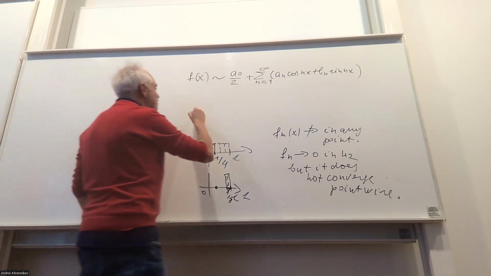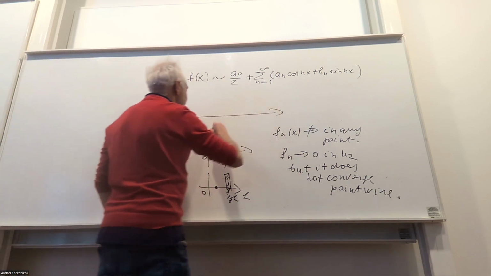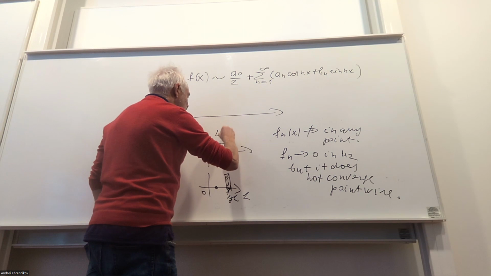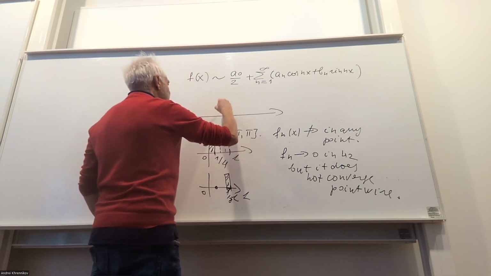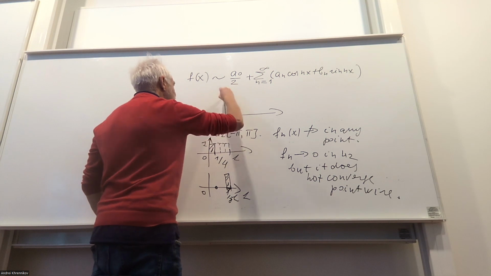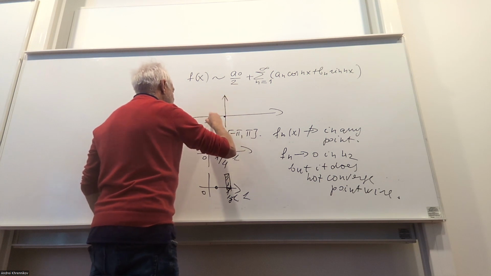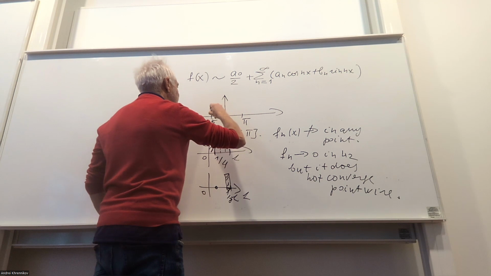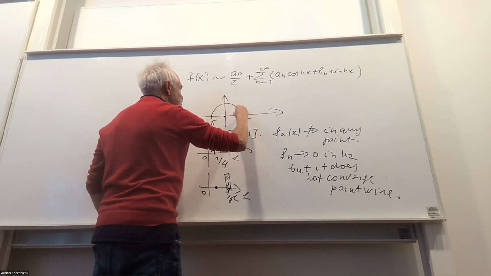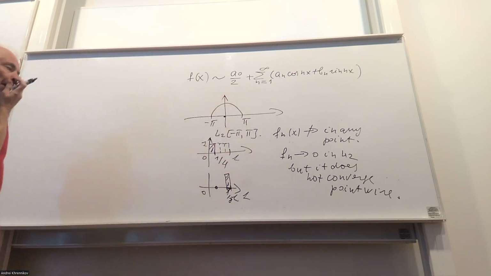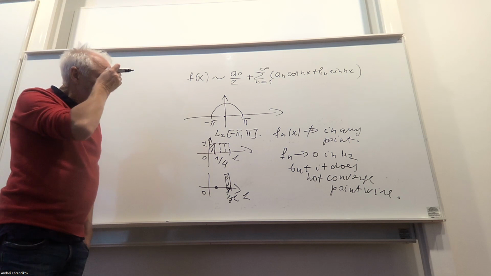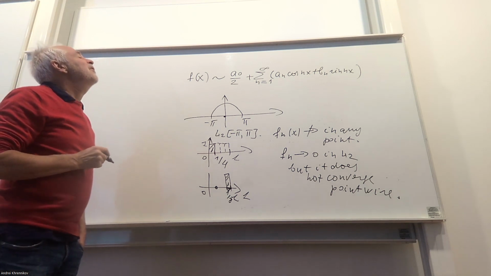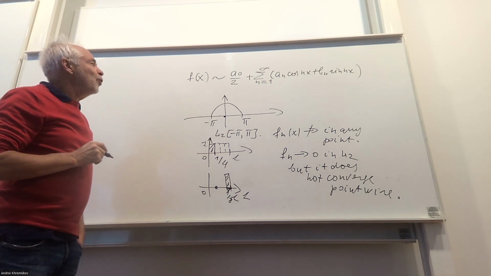We considered our theory first in L2 on minus pi to pi. For example, our function is such. But before, we were not interested in how our functions behave at a point.